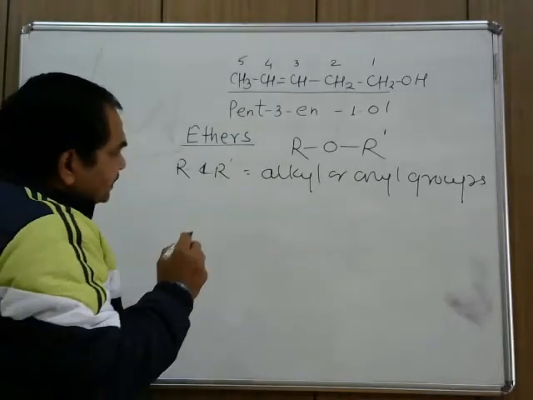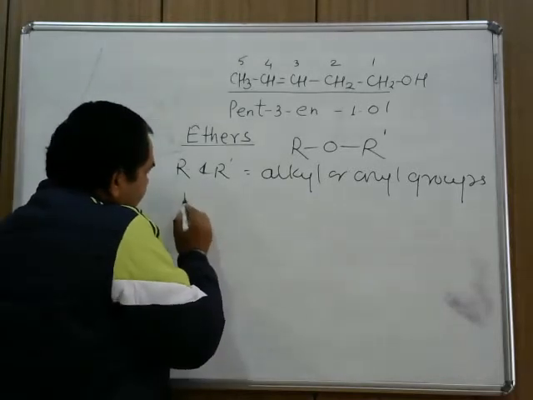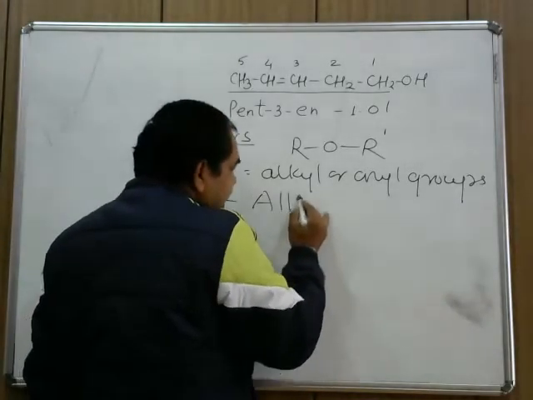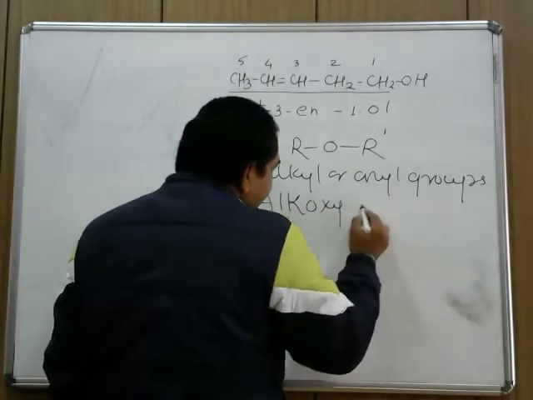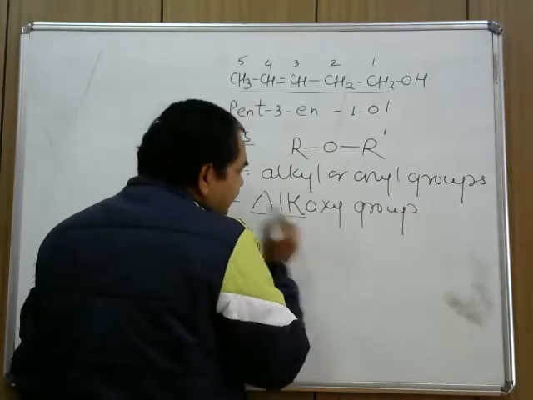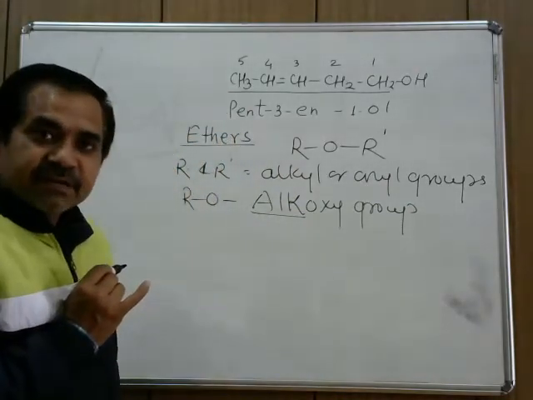And this RO group is called an alkoxy group, where alk represents the number of carbon atoms.